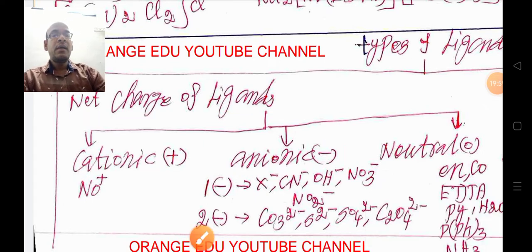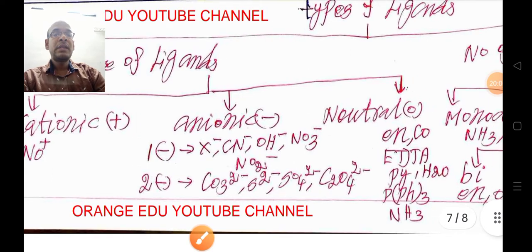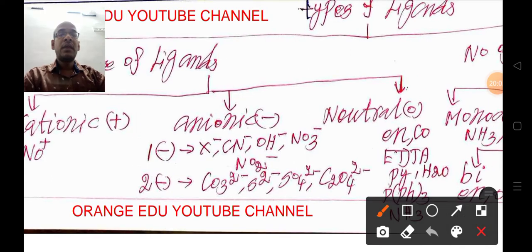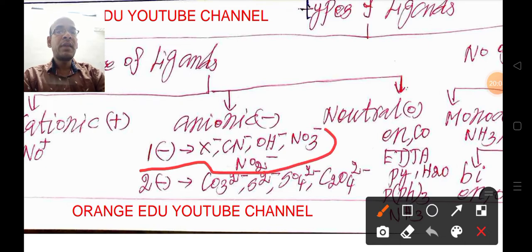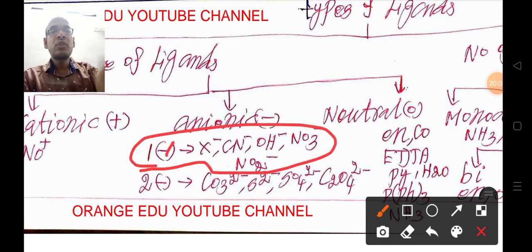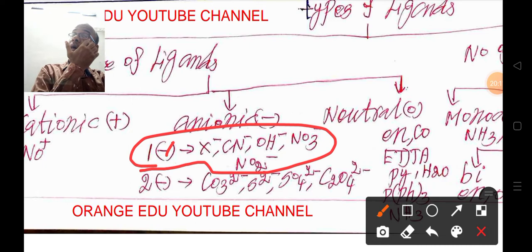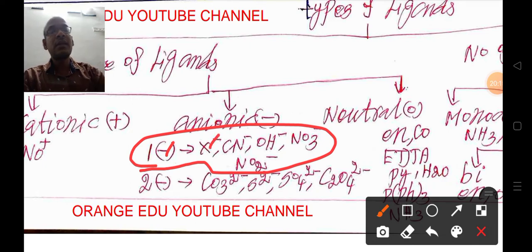For simplification, I put these ligands that have a -1 charge, which is used to find the oxidation number, the ligands X, that is chloride, bromide, iodide.